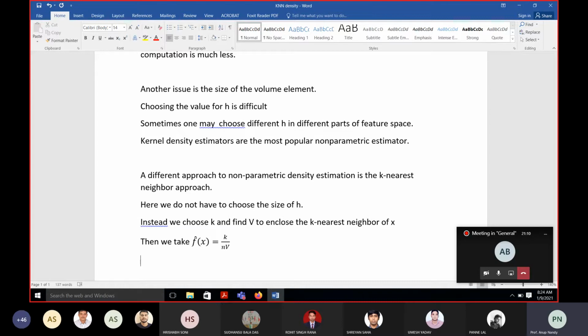Its radius will be the distance from the test sample point X to the kth nearest neighbor, and that will be the value of V. It is just a conceptual thing how we compute this value of V. We first choose K, then given an X you are asked where the K nearest neighbors are, and you draw a hypersphere to just include all of them. Its radius is the distance from X to the kth nearest neighbor, and that is the value of V.